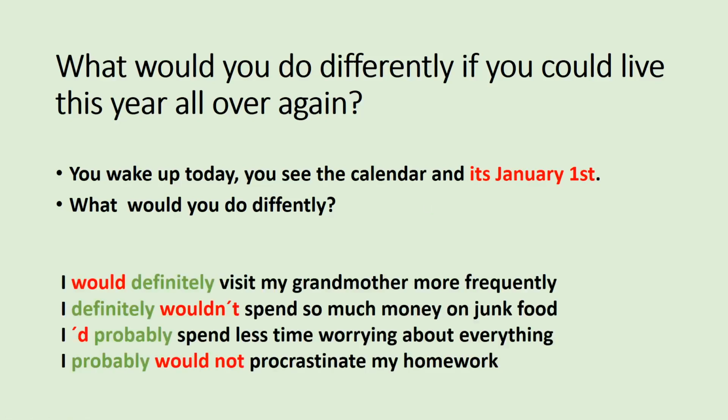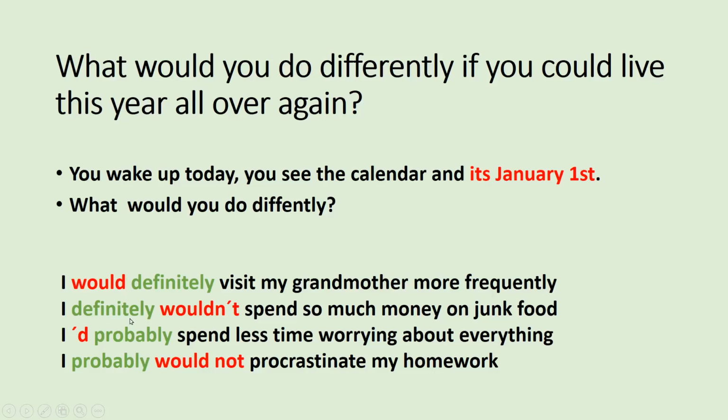In this case, we're going to use adverbs of certainty. So I can say, I would definitely visit my grandmother more frequently because I didn't visit her when I had the chance.